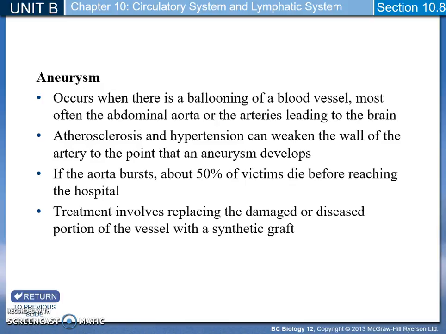So the treatment then involves, if it can be detected before it bursts, then the damaged or diseased portion of the vessel can be repaired with a synthetic graft. So it needs to be detected somehow before it actually bursts.